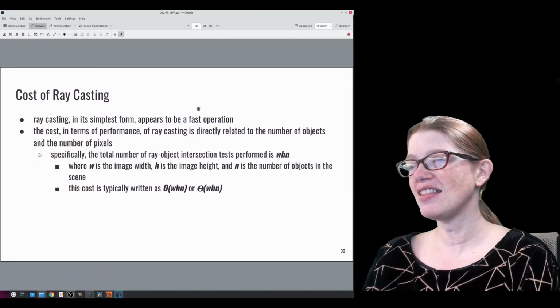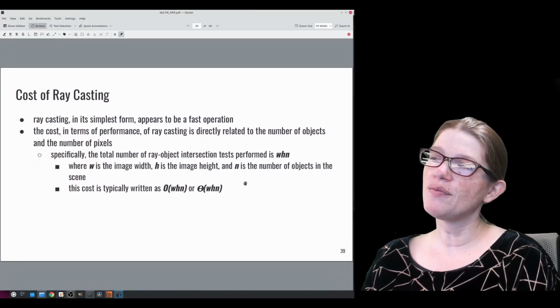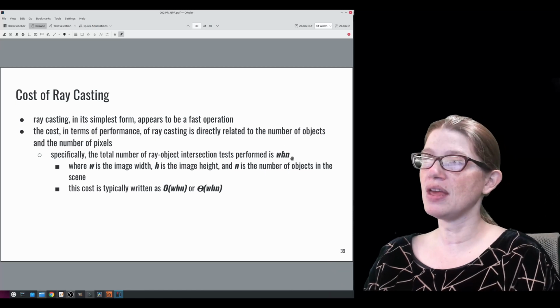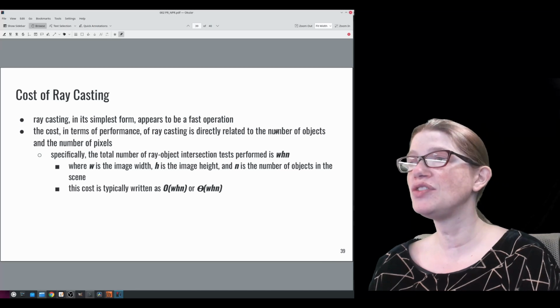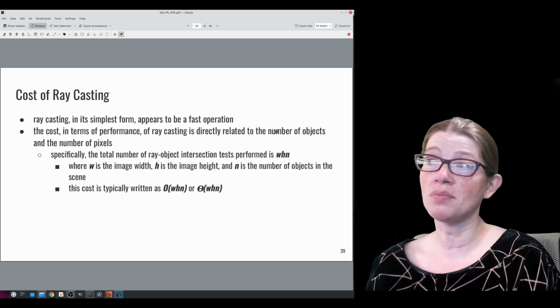So we get this cost of the width of the image times the height of the image, which gives us the number of rays, and each ray has to do an intersection test with every object in the scene.